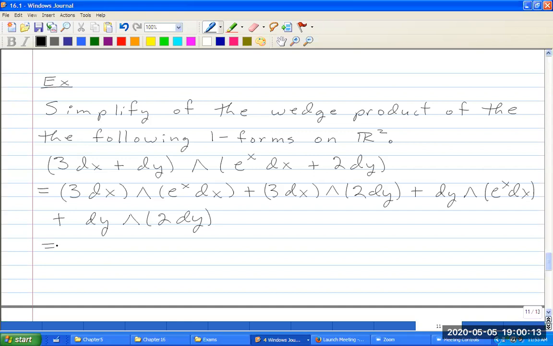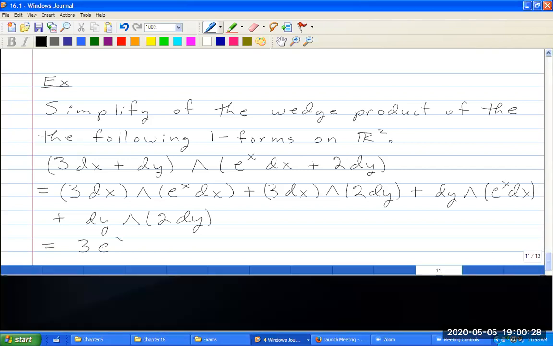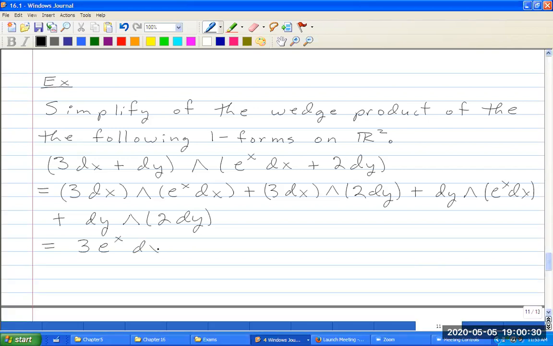So let's simplify this. Well, again, I can take out all constants, all zero forms outside of wedges. So let's take all the zero forms outside my wedges. So 3 e to the x dx wedge dx plus, again, bring out the zero form.